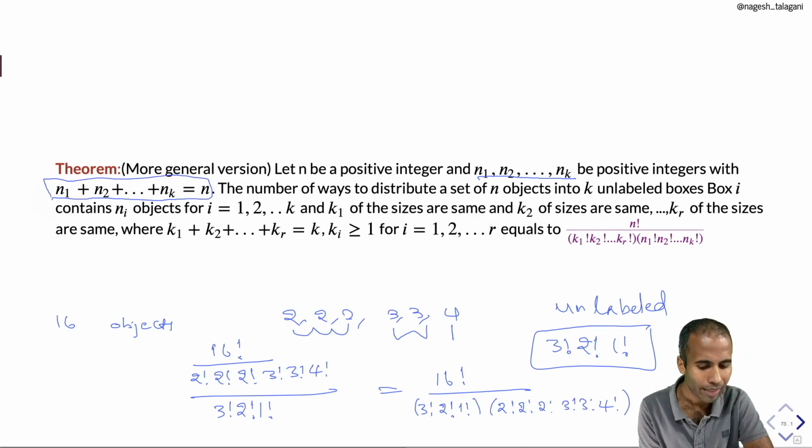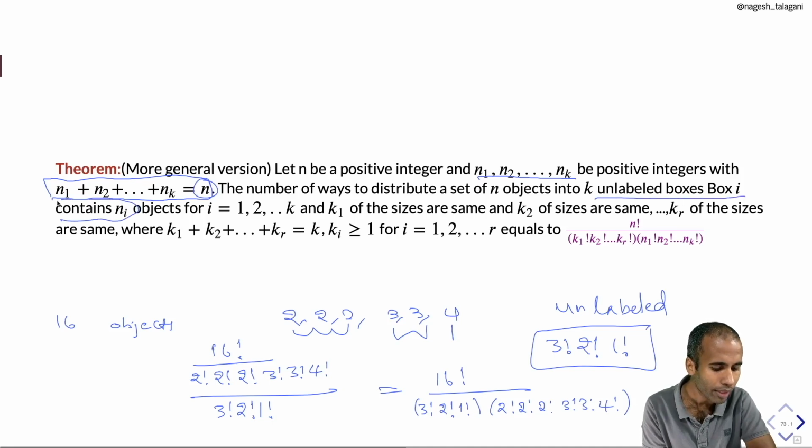Okay, there are k sizes here. Total number of objects is going to be n1 plus n2 plus so on nk equal to n. Now the number of ways to distribute n objects into k unlabeled boxes where box i contains ni objects for i equal to 1 to k.